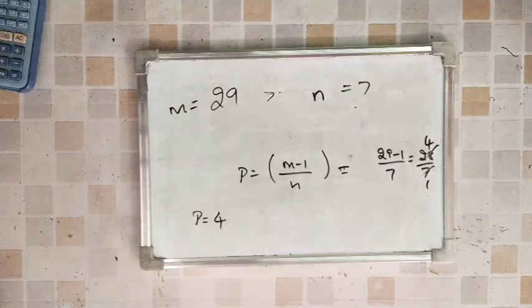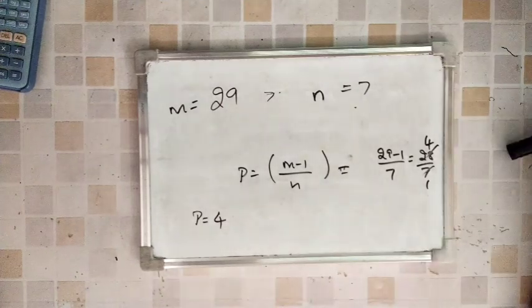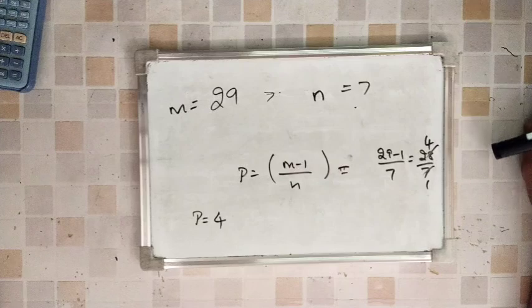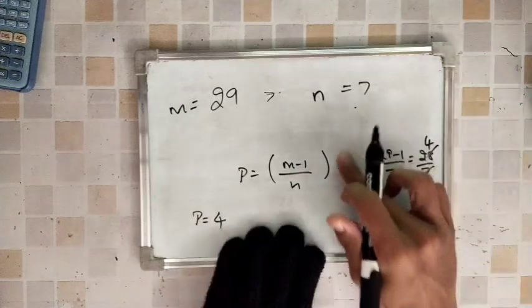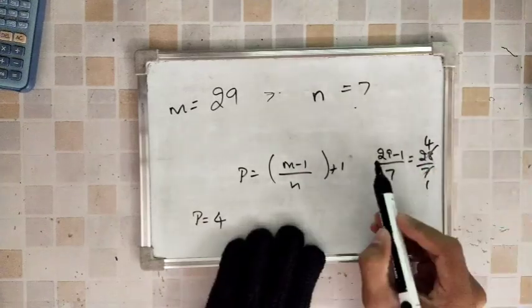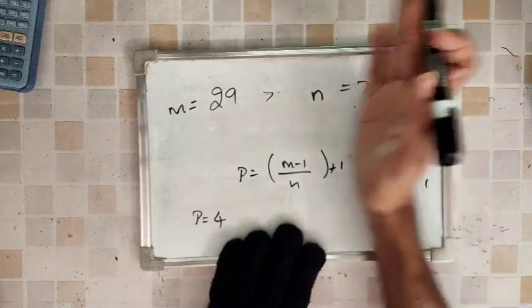So the final answer is 4 persons are born on the same day of the week, but at least 5 persons have been born. So p plus 1, right? According to the question, plus 1 should come here. I forgot to write plus 1 in the formula.